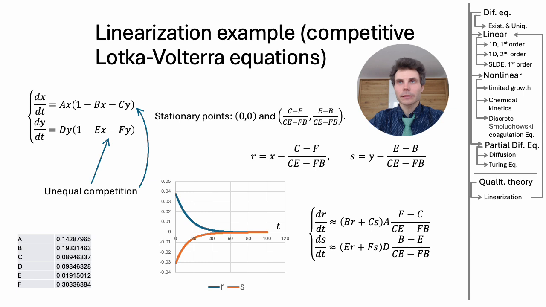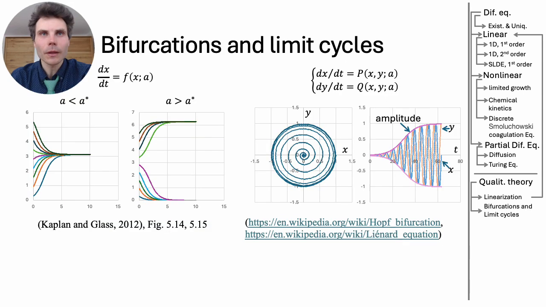Okay, so in light of this, the next topic is going to be bifurcations and limit cycles. It's going to be quick. It's going to be just one slide. Bifurcations. So assume there is a system that has a stationary point somewhere slightly above 3.